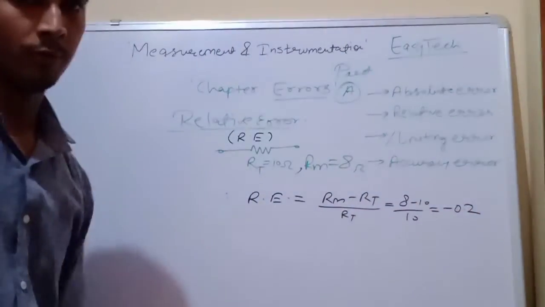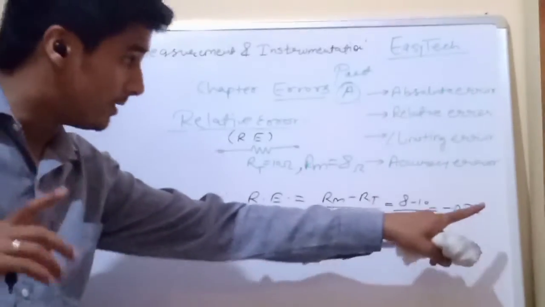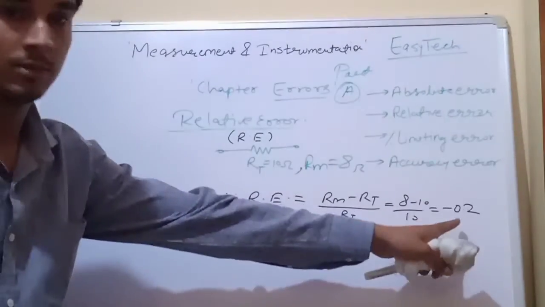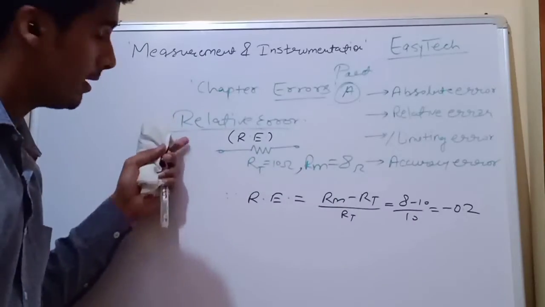It is 0.2. Minus sign shows that the measured value is less than the true value, and 0.2 shows the weightage of this absolute error with respect to the true value. So this is minus 0.2. It is the relative error.